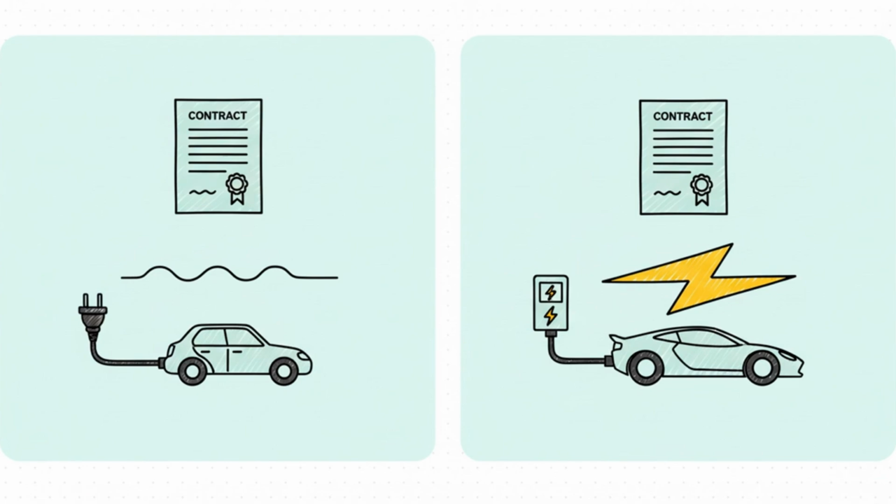That contract says they must have a way to start a charging session. But look how they do it. They fulfill that promise in completely different ways. The AC one starts a standard charge, but the DC one, it boosts it with a ton of power. See? Same contract, totally different way of getting the job done.